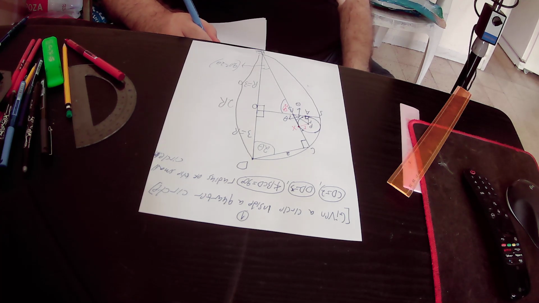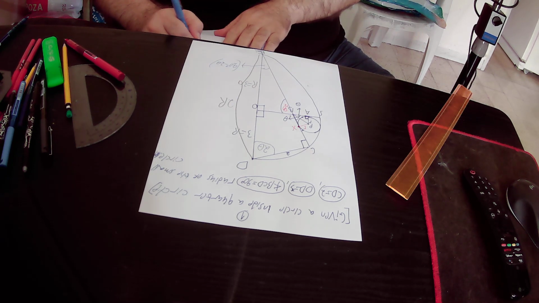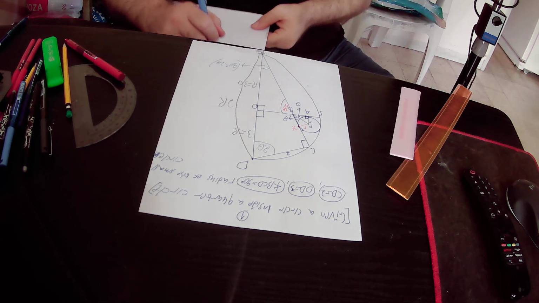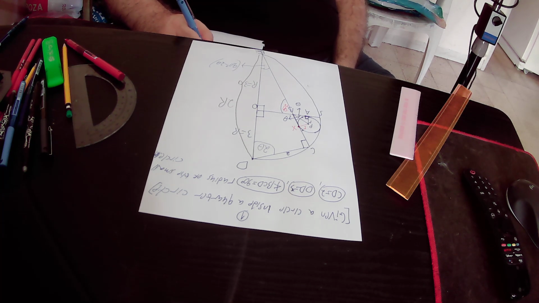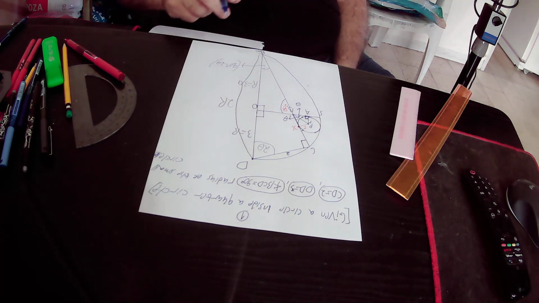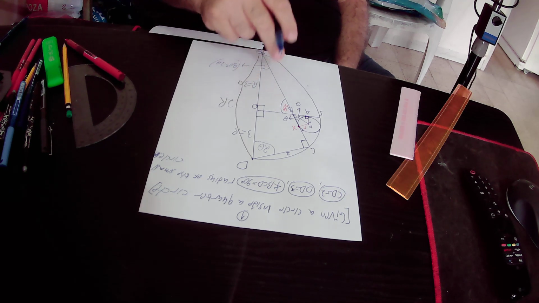So, in the right triangle BOE, we know that tangent theta equals OE over BO.